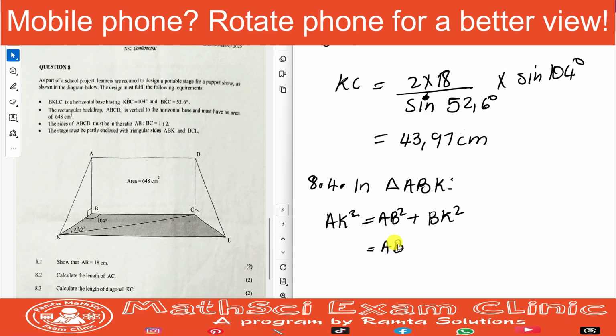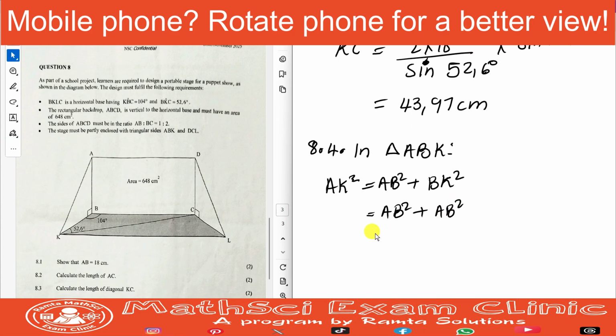So we can say AB squared plus AB squared, because BK equals AB. So we have 2 times AB squared. This is AK squared.